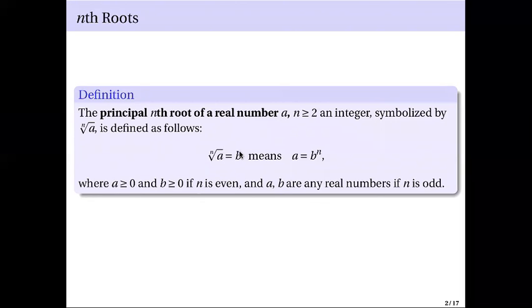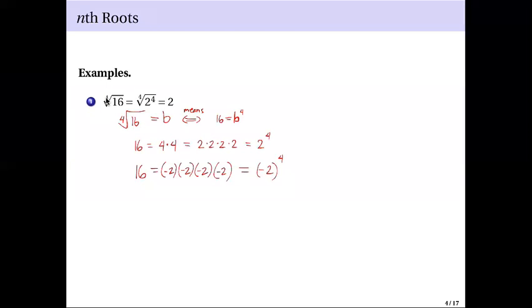So both a and b are greater than or equal to 0 when n is even. And we see here, n equals 4. 4 is an even number. So the a, the one inside here, and the b here must be both greater than or equal to 0. So that's the reason why we don't use negative 2. That's the reason why we only have 2 to the power 4.